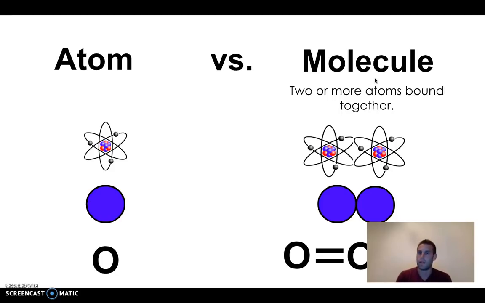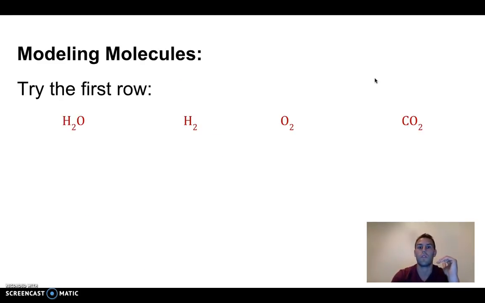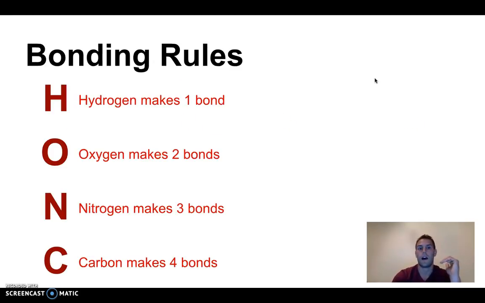But even though that might get complicated, there are really simple rules for figuring out how these atoms bond to one another. One way to remember it is the phrase HONC, okay? Hydrogen only makes one bond. Oxygen only makes two bonds. Nitrogen only makes three bonds. And carbon will only make four bonds.